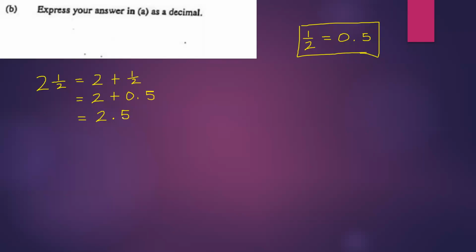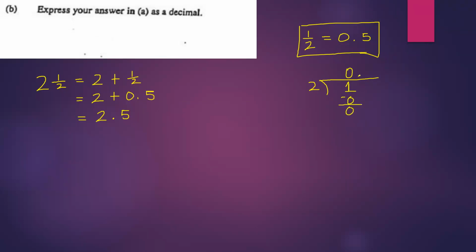All right, any questions on that? Yes, how do you get 0.5? Because you divide it. 1 divided by 2. So it's going to be 2 into 1. How many times does 2 go into 1? 0. 2 times 0 is still 0.